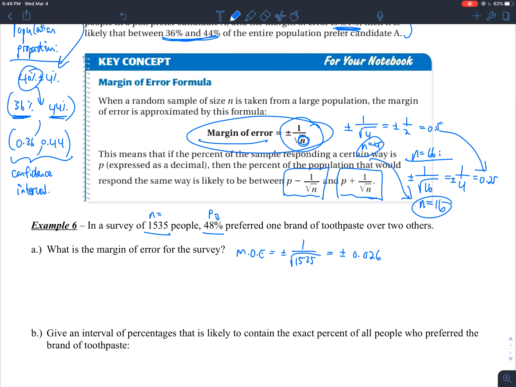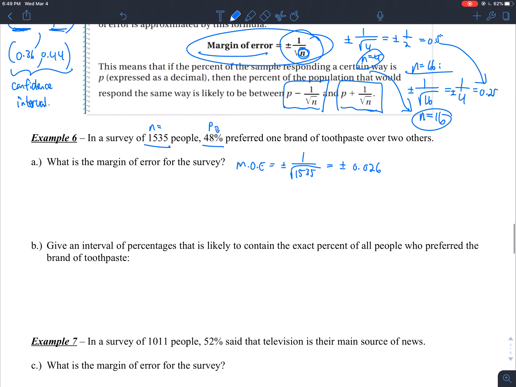All right? And then it says, give an interval of percentages that's likely to contain the exact percent of all people who preferred that brand of toothpaste. So the survey had a sample of 1535, but now we're talking about the population. This is the population of all people. So we know that the population proportion will be the proportion that came from the sample plus or minus the margin of error.